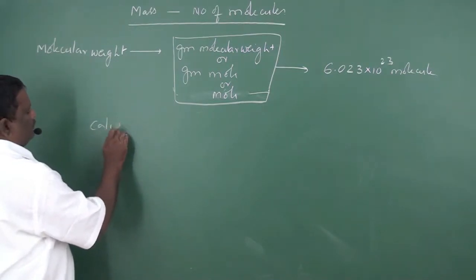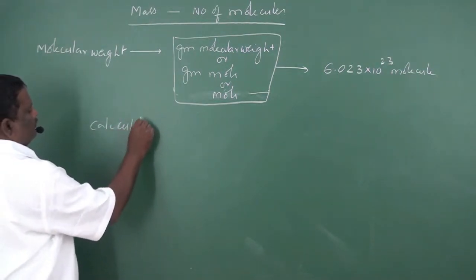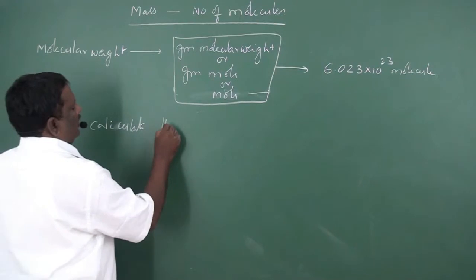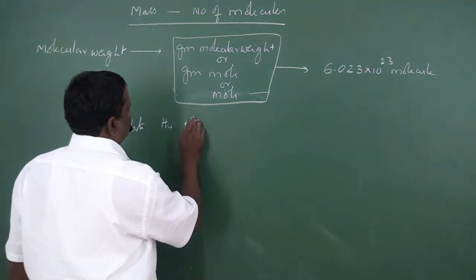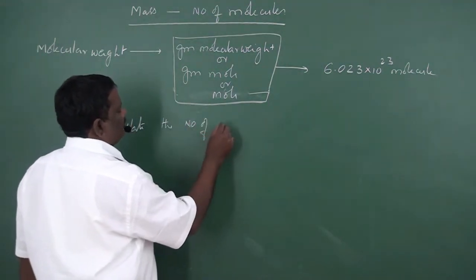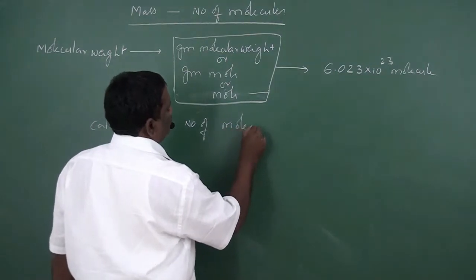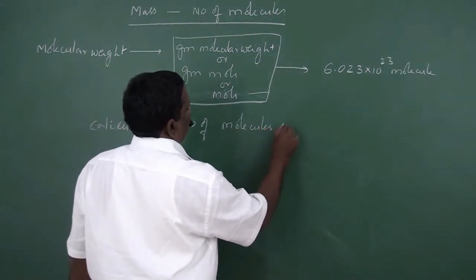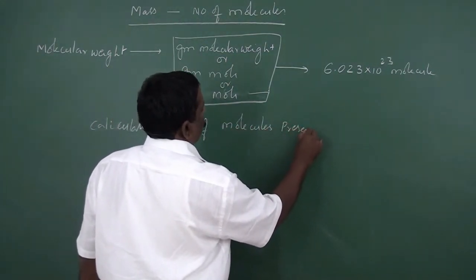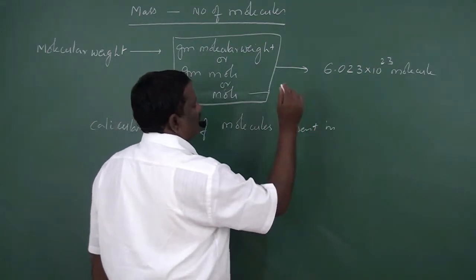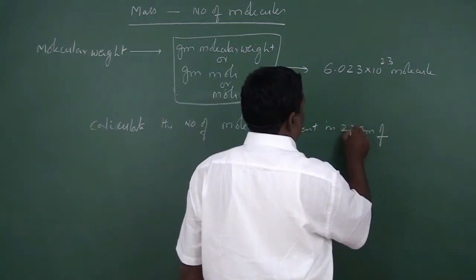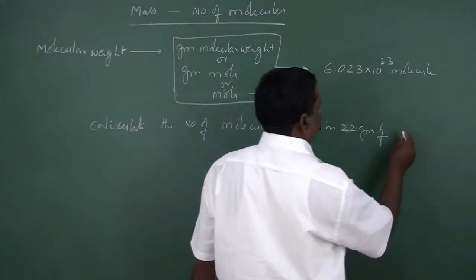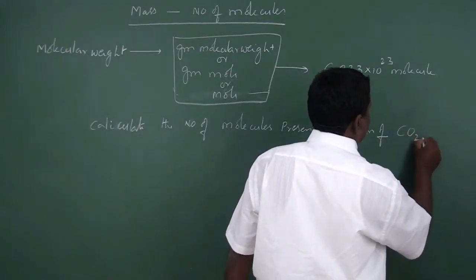Calculate the number of molecules present in 22 grams of CO2.